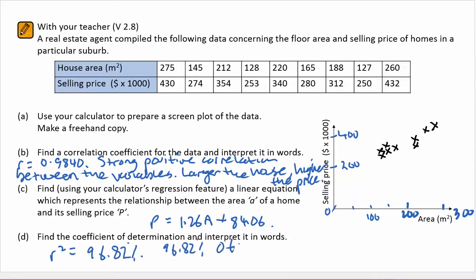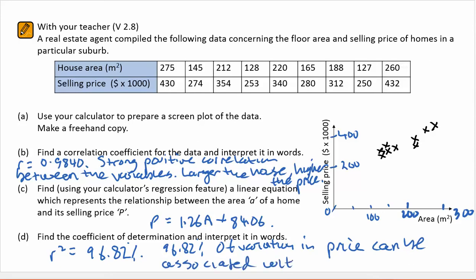So 96.82% of variation in price can be associated with the variation in the area.